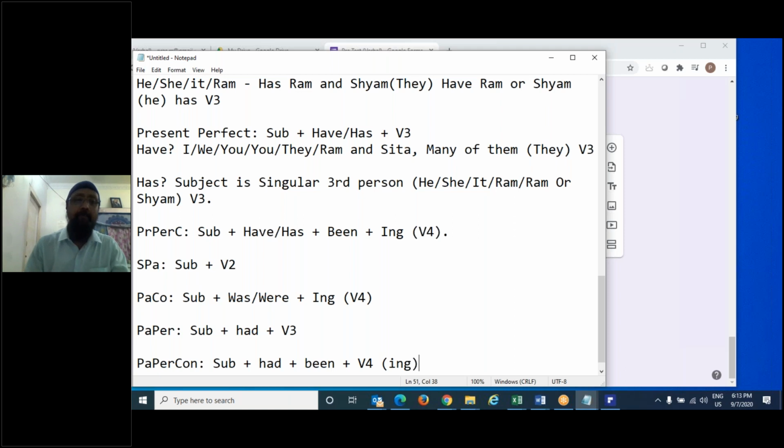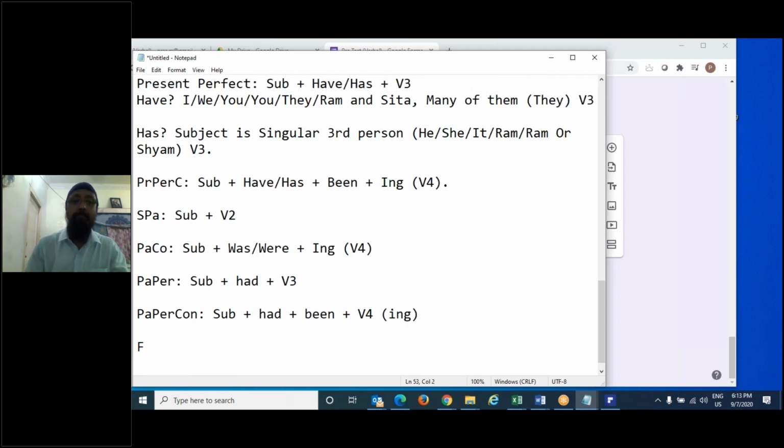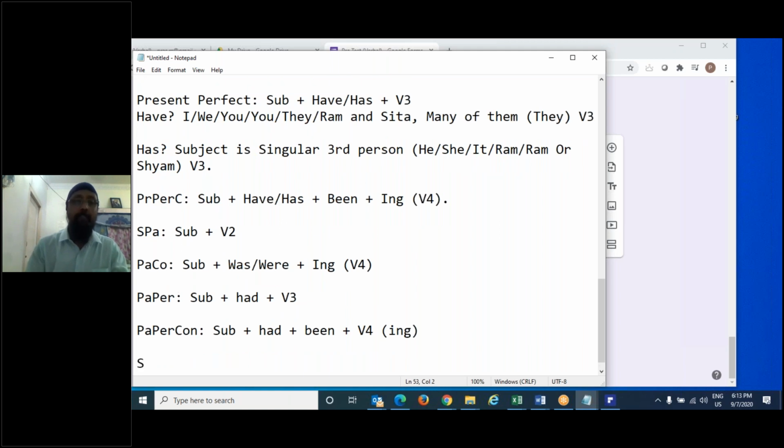And let's quickly move on to future, or you can say simple future. So simple future is subject plus will or shall plus V1. That is verb form one.